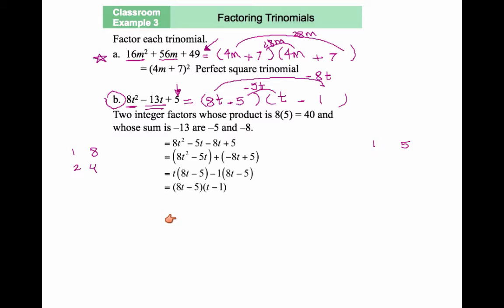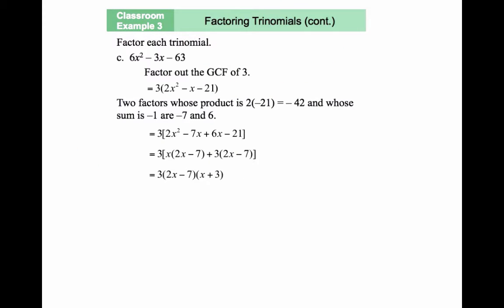We looked at both methods last time. So as you see, this one here is not a perfect square trinomial, but this one is. We used the trial and error method to factor both of them.